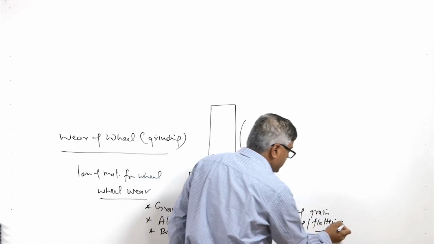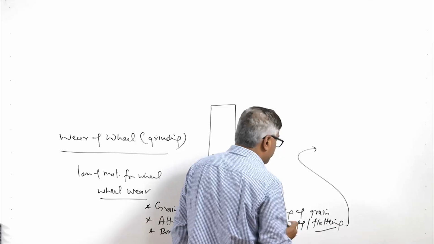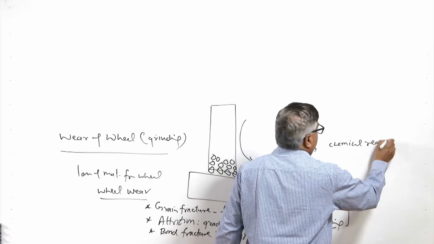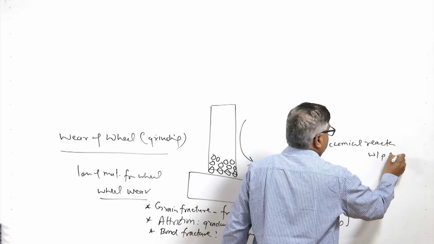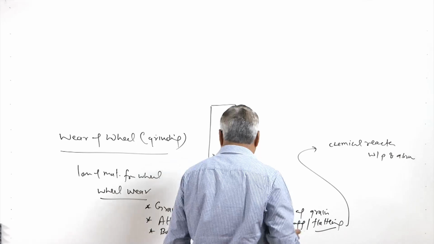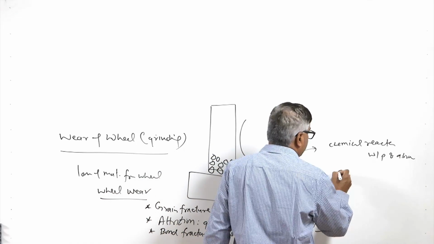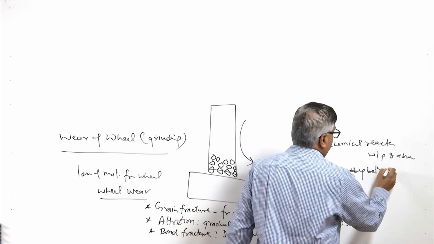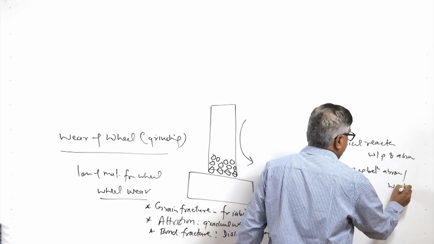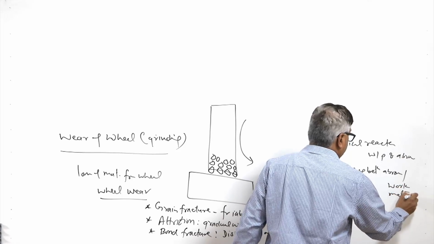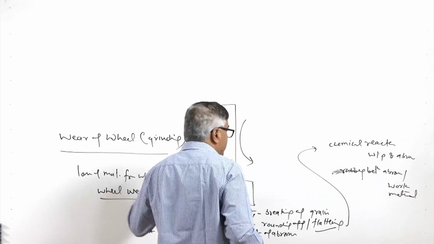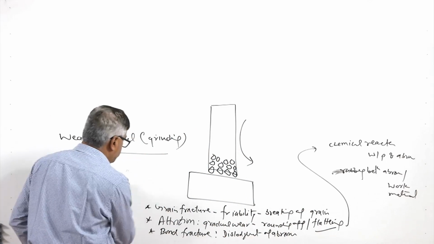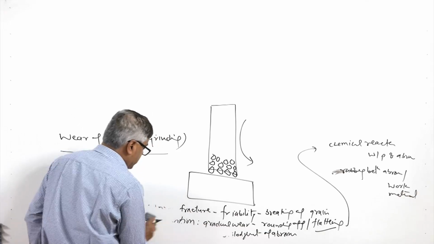With regard to attrition, there are certain mechanisms which work. There may be a chemical reaction between the work material and the abrasives, and the second is the rubbing action between the abrasives and the work material, causing loss of material, which leads to rounding off or flattening of the abrasives, which in turn reduces the cuttability.